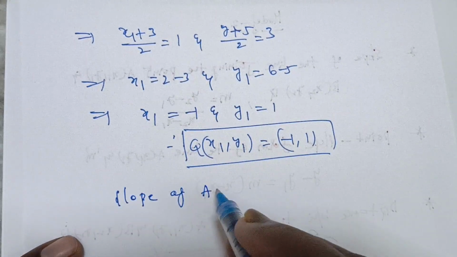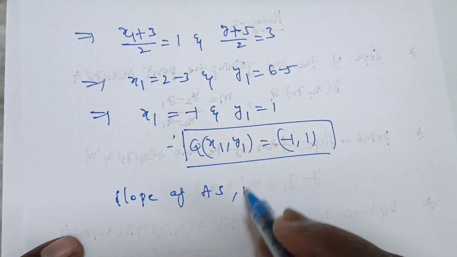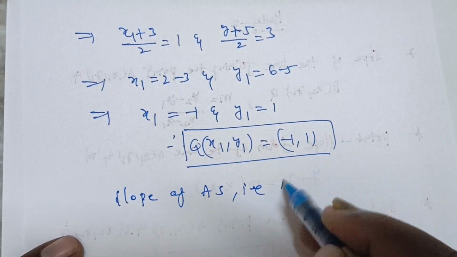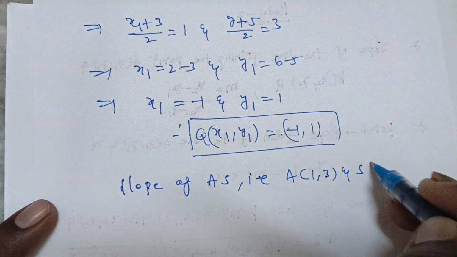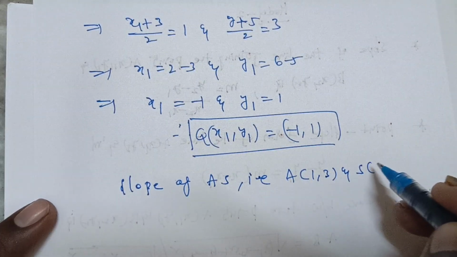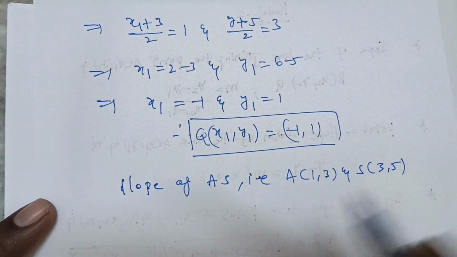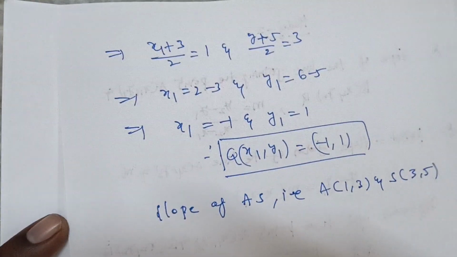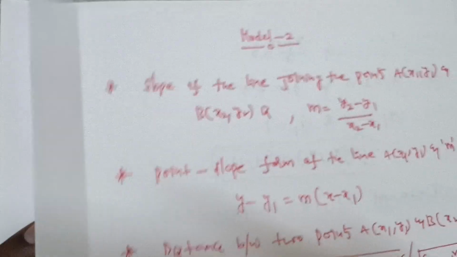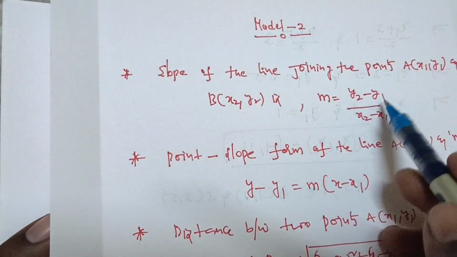Slope of AS, that is, A and S is (3, 5). What is the slope of these 2 points? That is m = (y2 - y1)/(x2 - x1).